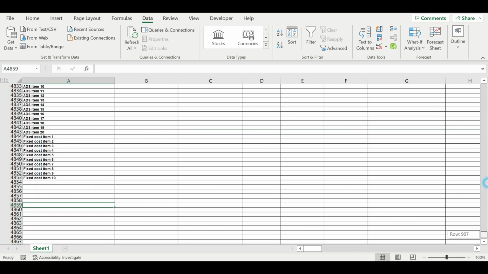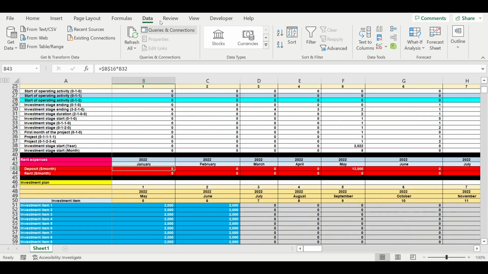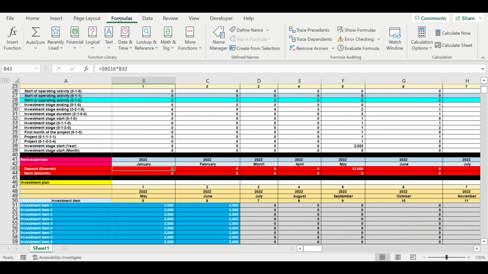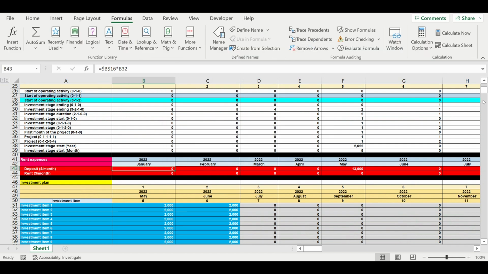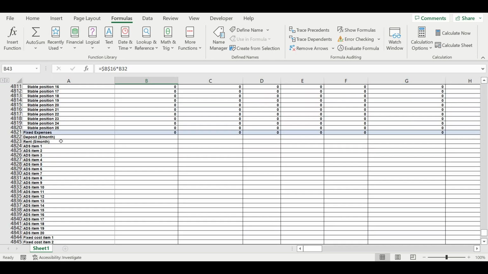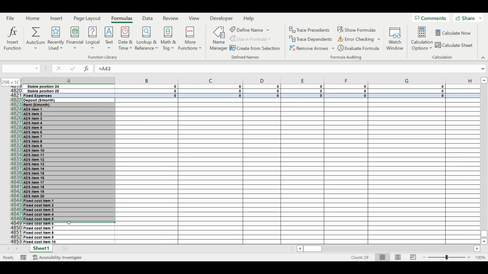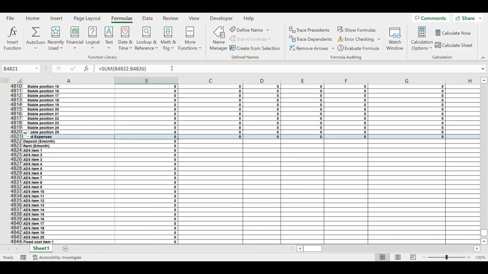Now let's go from top to bottom and see. We can press Formulas, Trace Dependencies to see. Oh, we didn't extrapolate the data. Let me just extrapolate it so that we can see that we've plugged in all the main expenses here.